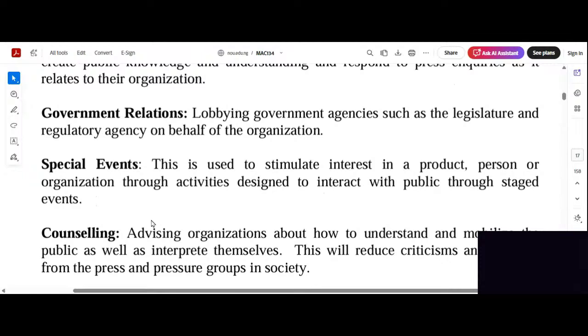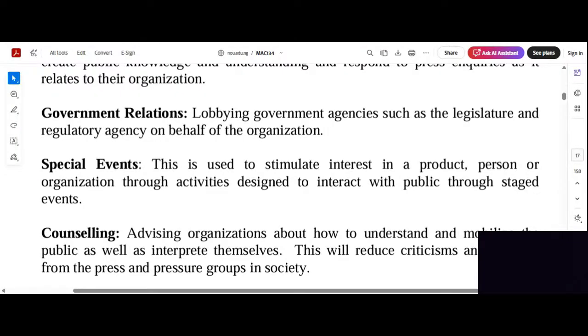Now we have special event. The special event is used to stimulate interest in a product, person, or organization through activities designed to interact with the public through staged events.